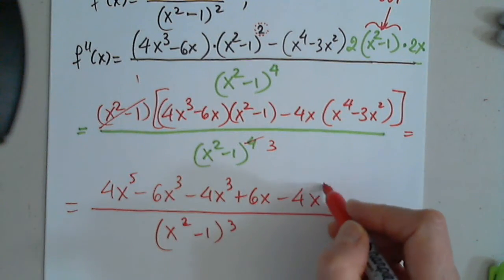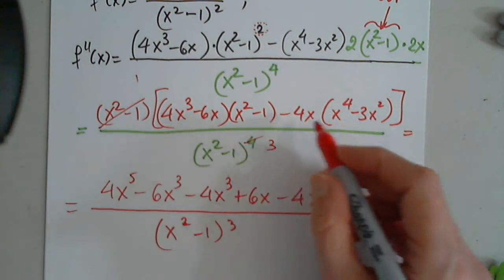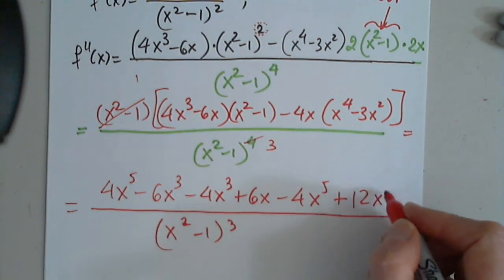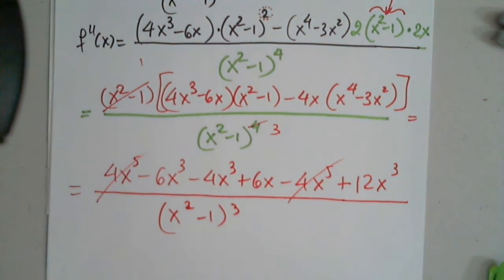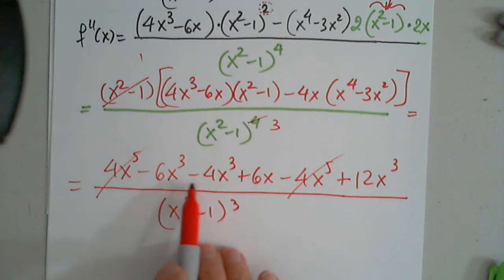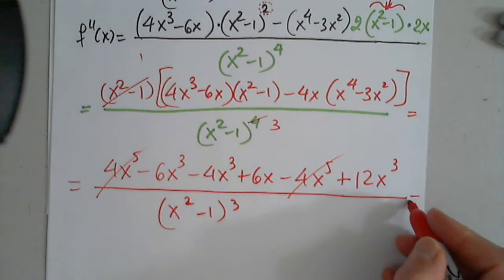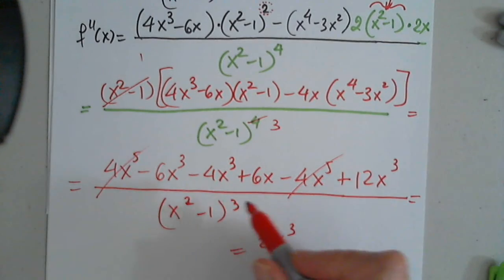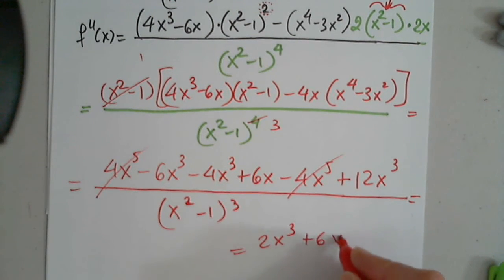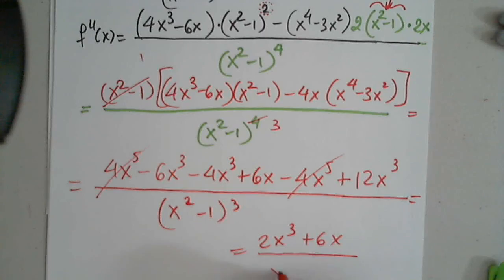Minus 4x to the 5th, but plus 12x cubed. Oh, something goes away. Gee. Okay, this is negative 10 plus 12, so that's 2. Wow. And plus 6x. It cleans up quite nicely.